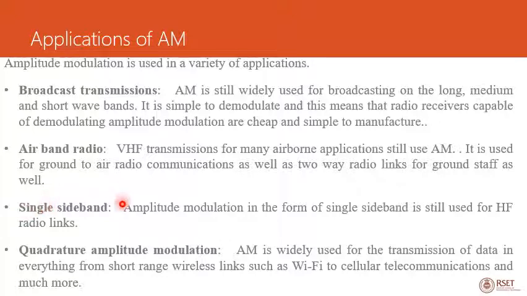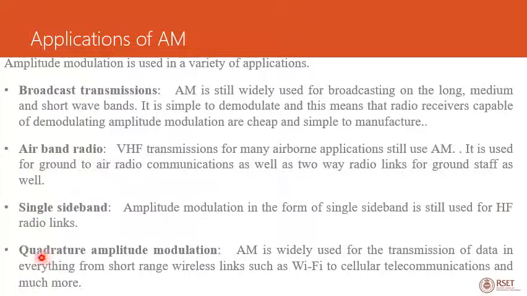Amplitude modulation in the form of single sideband is still used for high frequency radio links. In single sideband, we transmit either the upper sideband or the lower sideband, so that we can reduce the bandwidth.